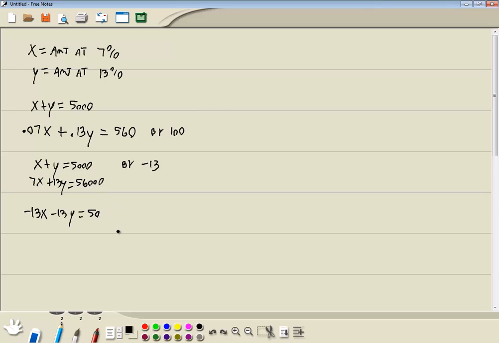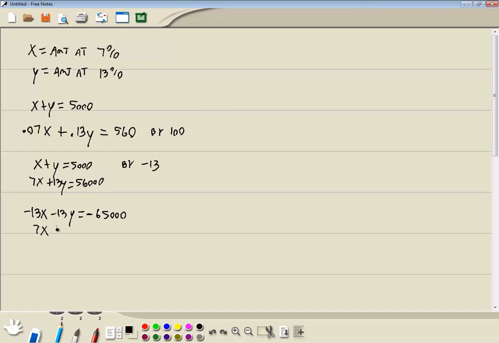Negative 13 times 5,000 is negative 65,000. Let me double check that. Yeah, that looks right.